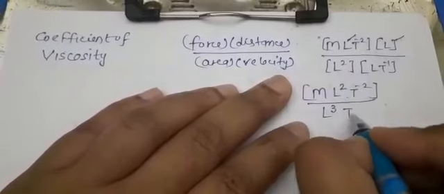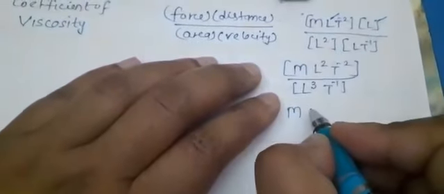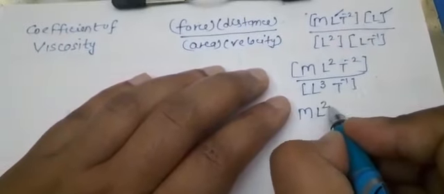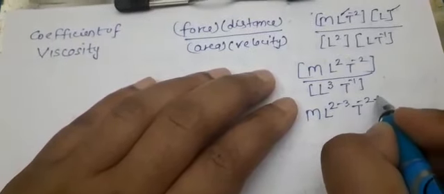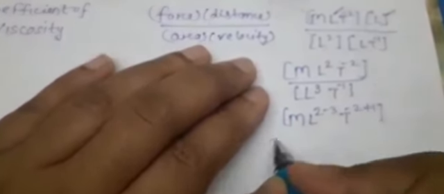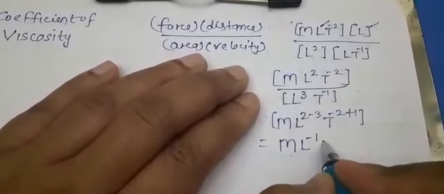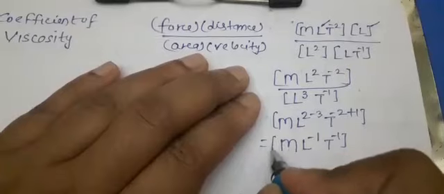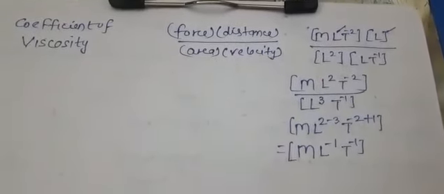L3, T minus 1. Now take all the terms in the numerator. M1, L raised to the power 2 minus 3. T raised to the power minus 2 plus 1. So what is the formula? M L minus 1 T minus 1. This is coefficient of viscosity dimension formula.